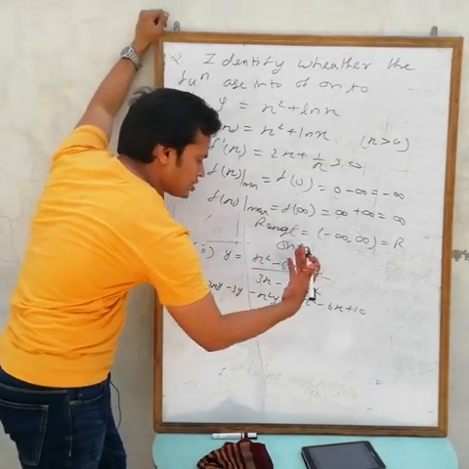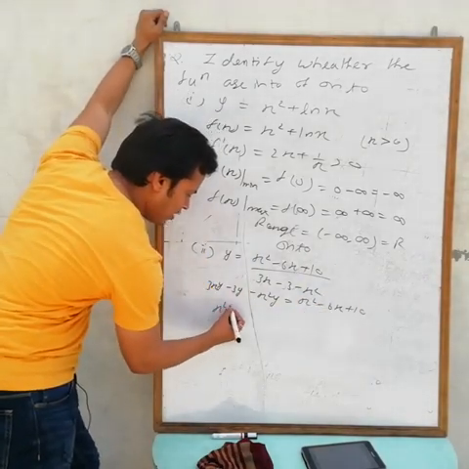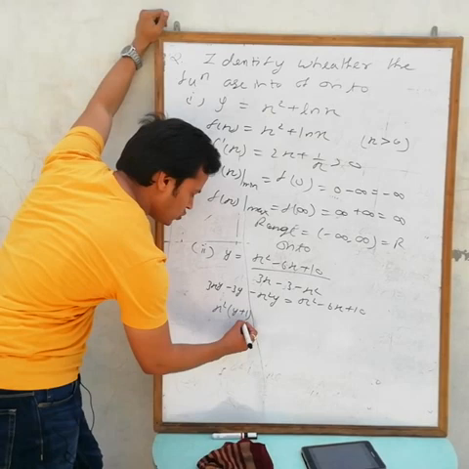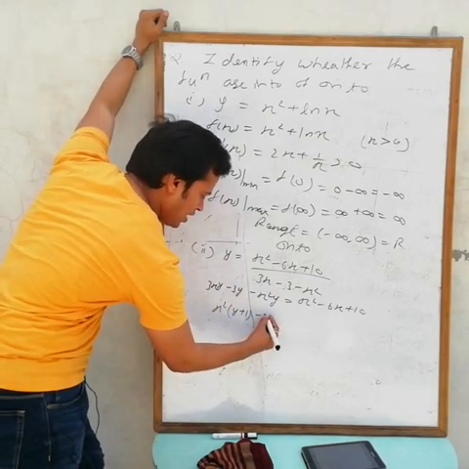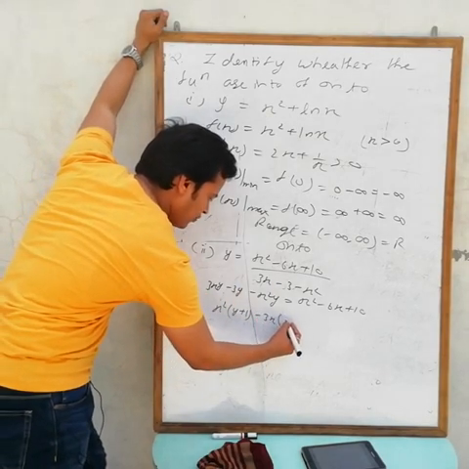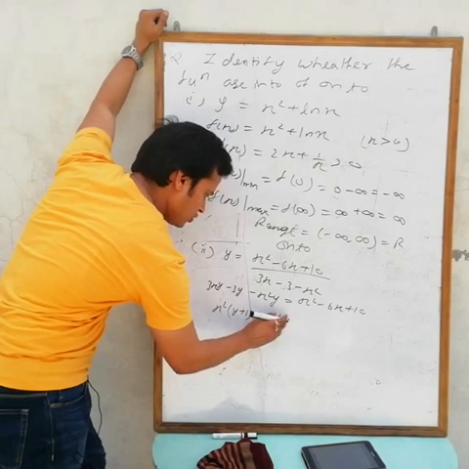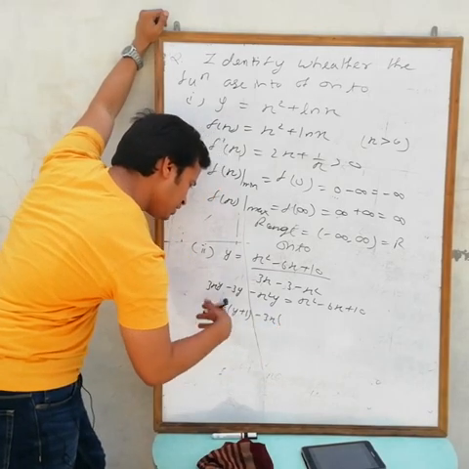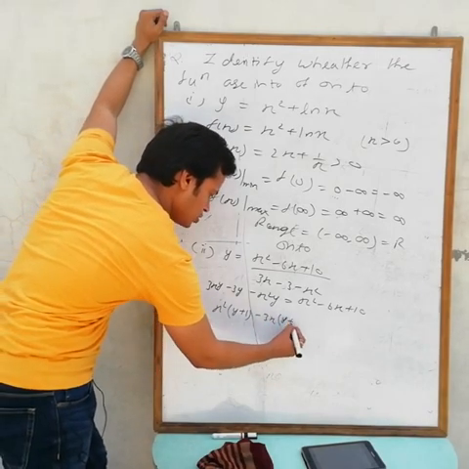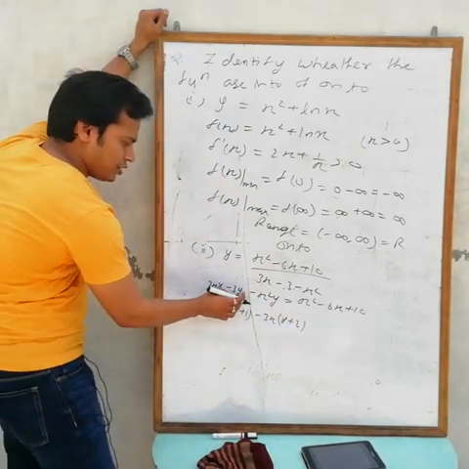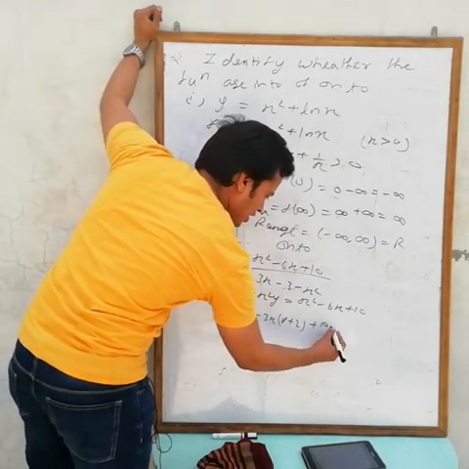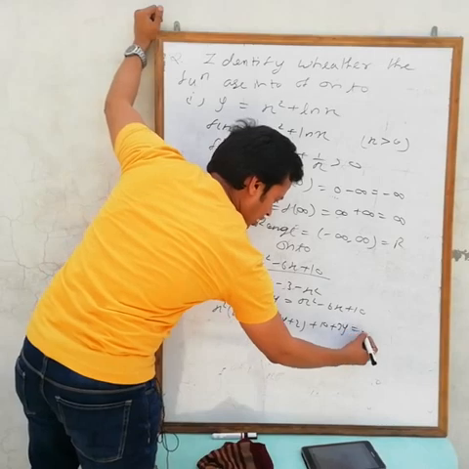Take all these terms to this side, take common x square, you will get y plus 1. Now take 3x common, then y plus 2. And also take this one to this side, then plus 10 plus 3y equals 0.